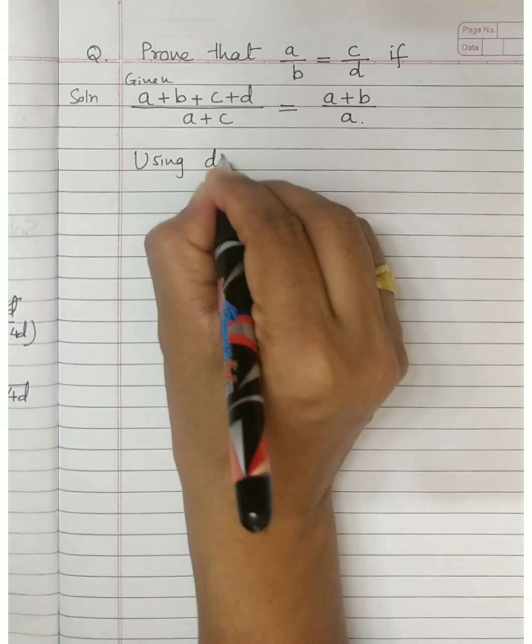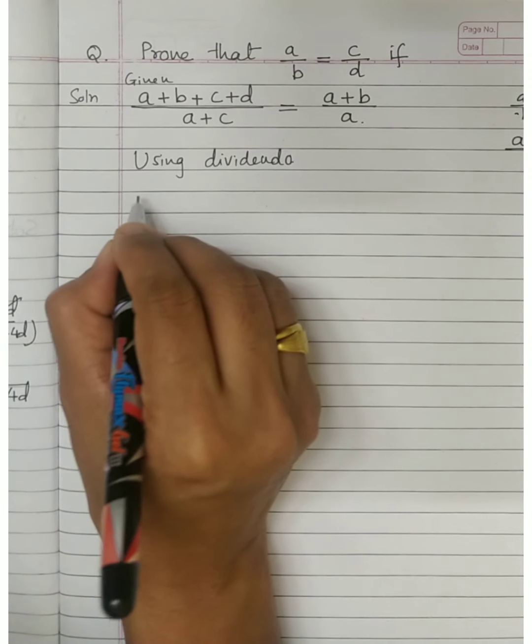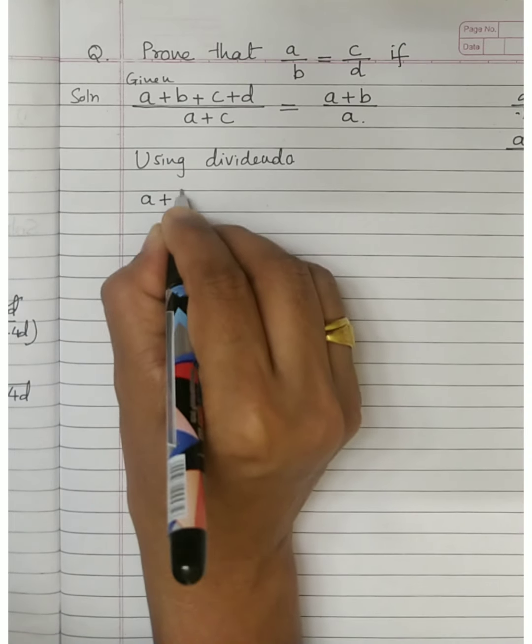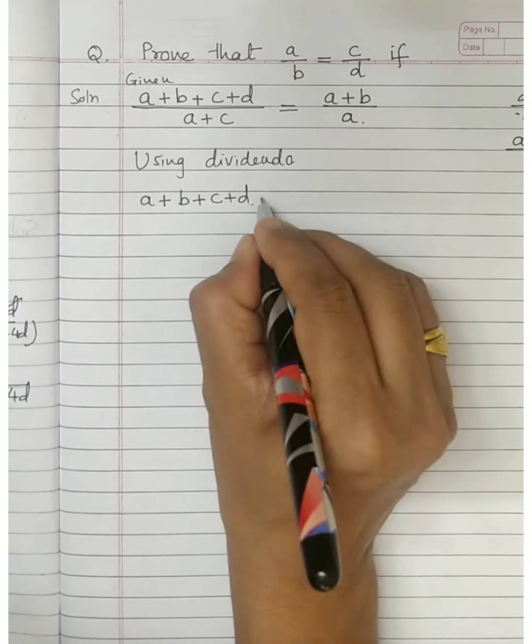Do you remember what the dividendo property is? In rough I am writing this for you: for A upon B equals C upon D, the property dividendo is A minus B upon B equals C minus D upon D, right? So when I use dividendo here, the numerator is A plus B plus C plus D, and minus the denominator.